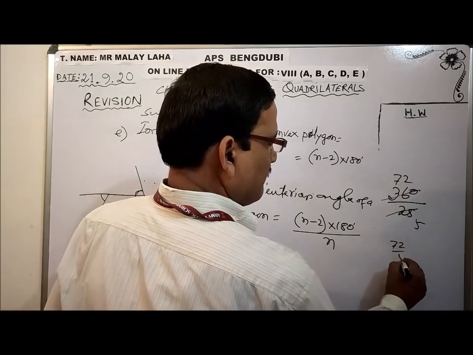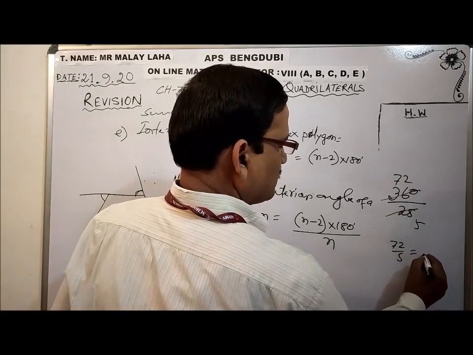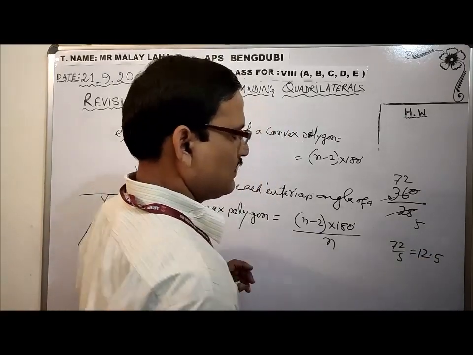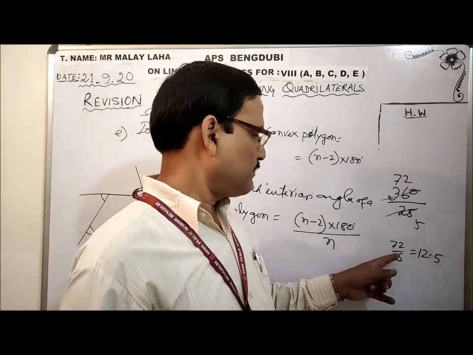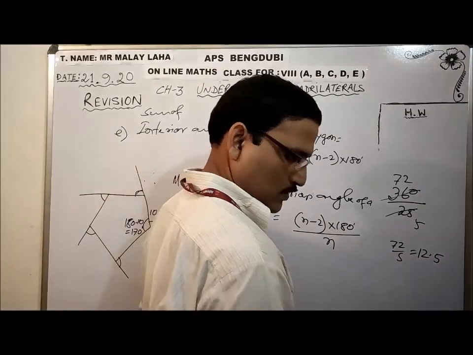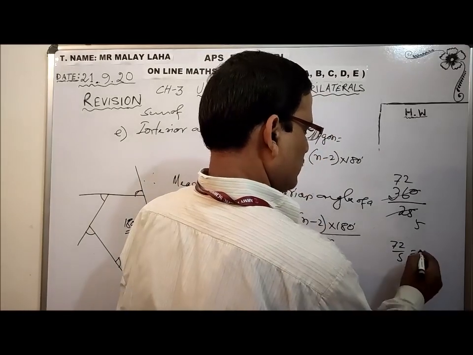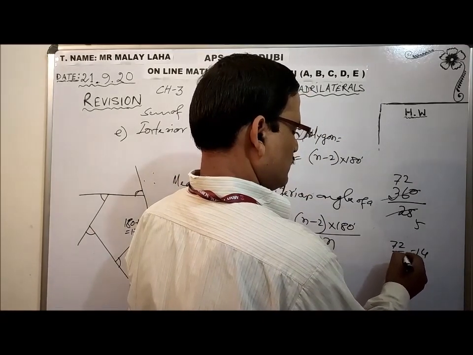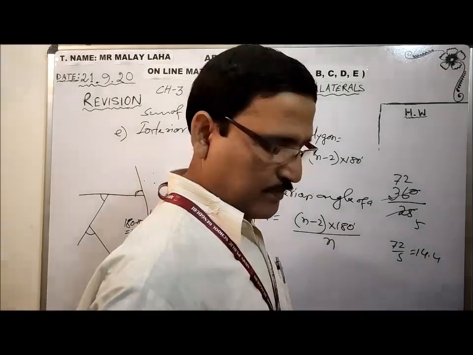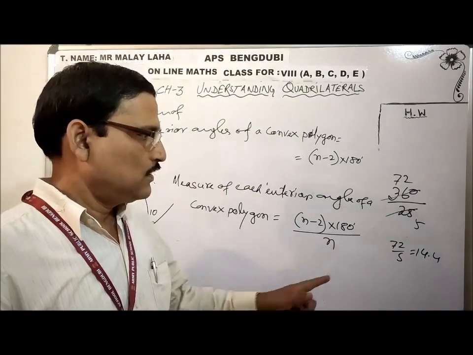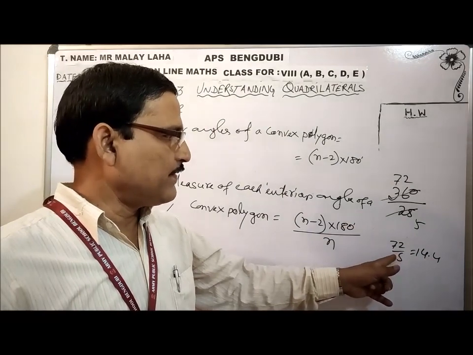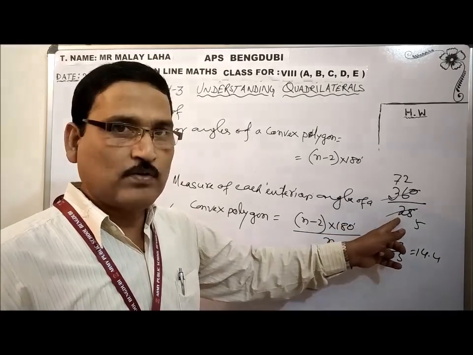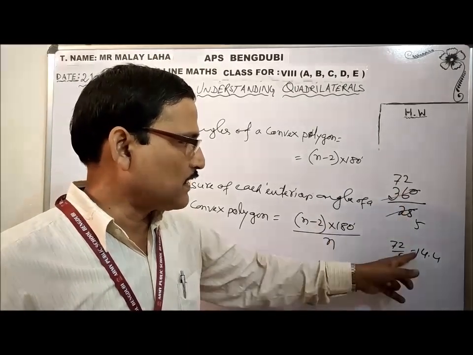So 72 by 5 is coming what? 14.4. So after division, if I divide by the exterior angle of 25 degrees, interior angle I said 155, exterior angle will be 25, 360 by 25 is coming 14.4.